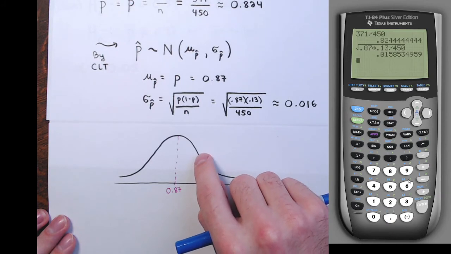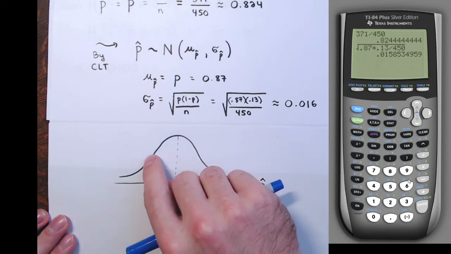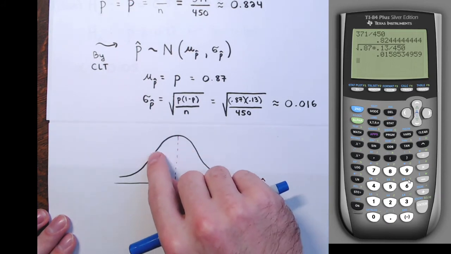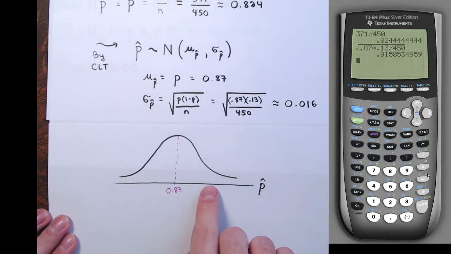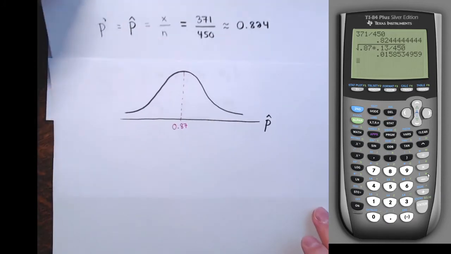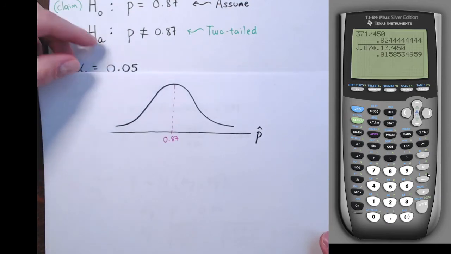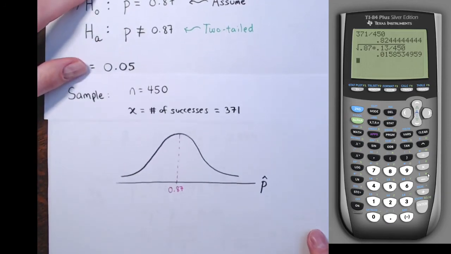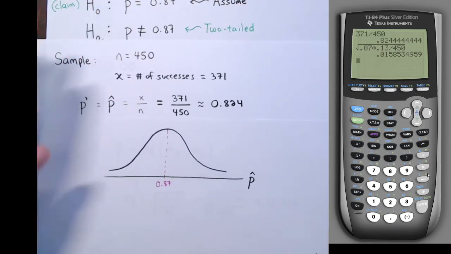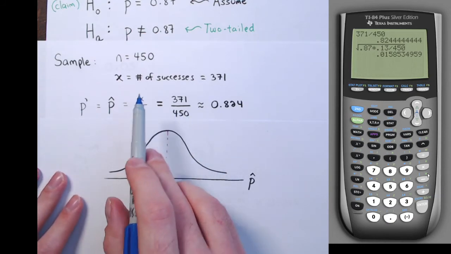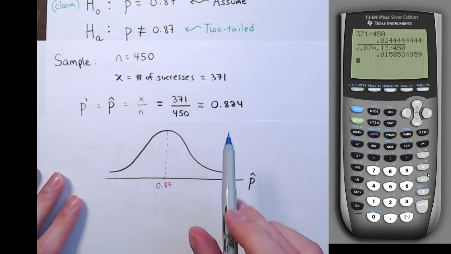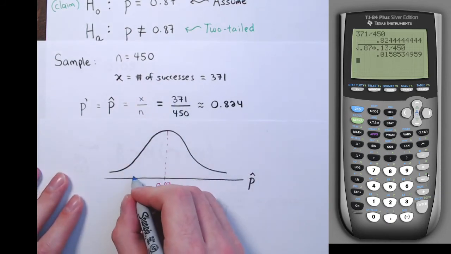Remember, for the normal distribution, underneath the inflection points, those values should be 1 standard deviation above and 1 standard deviation below. But we're trying to figure out the z-score. How far away is our sample proportion? Our p-hat for our sample was 0.824, which comes in over here.